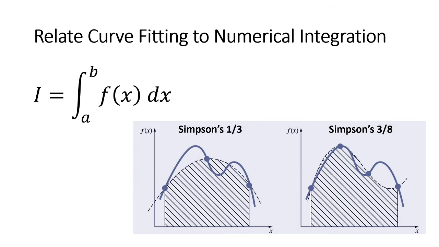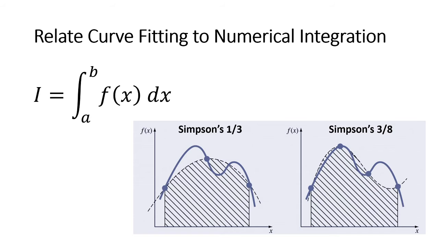And with the same concept, Simpson's 3/8 rule will be using 4 points because it uses a cubic line or cubic equation. Cubic equation will have the general form of ax cubed plus bx squared plus cx plus d. So we have a, b, c, d, 4 coefficients.